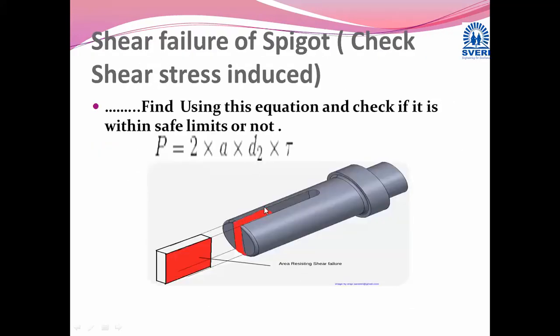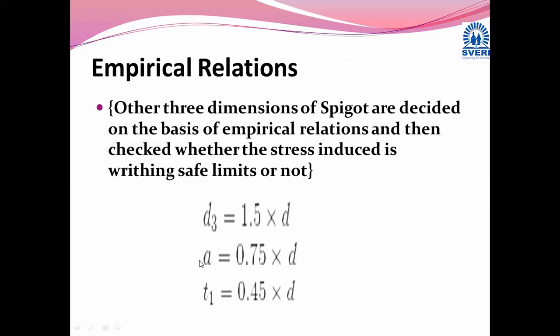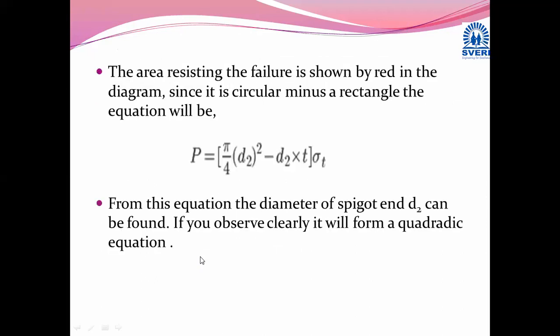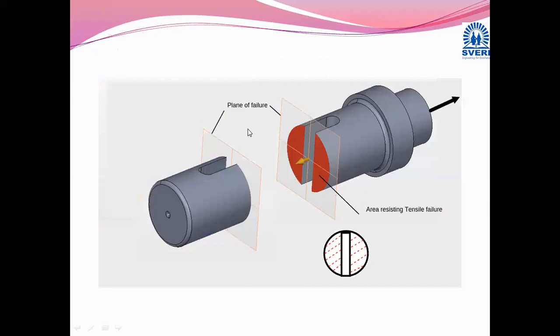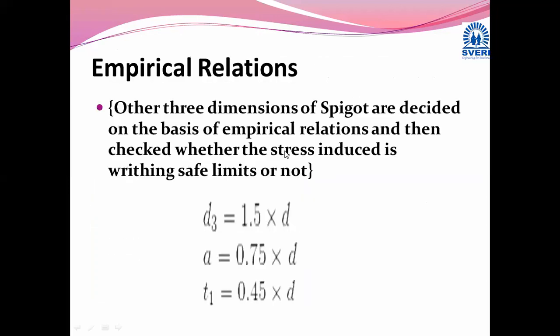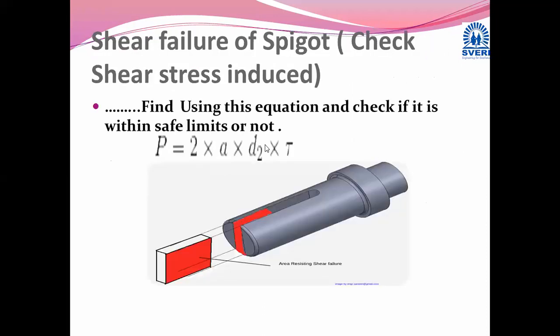Or if you have calculated this D2 in the previous applications, then you can decide here A. Or if both the quantities you are knowing from the empirical formula, A you have calculated, and from the other design, that is from here, if you have calculated D, that is nothing but while you are designing this spigot, okay, then just you can check for the shear whether it is withstanding the shear stress or not.